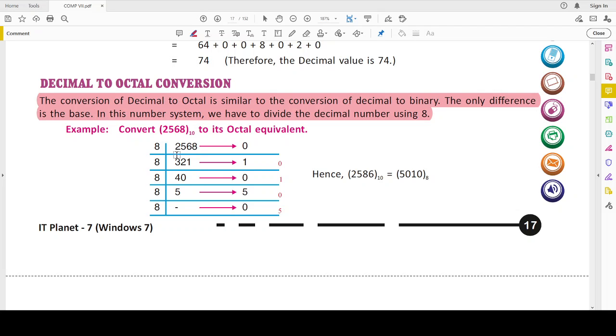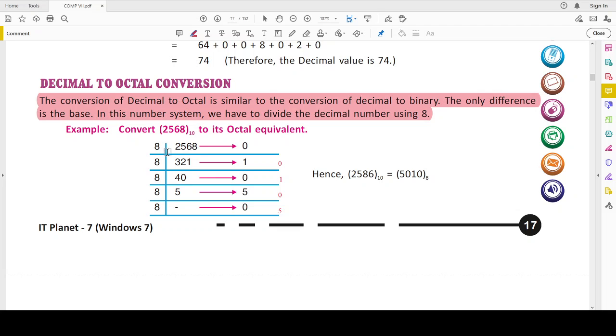Okay, so what you have to do? You have to divide the number in decimal with 8. Divide by 8 like you have divided by 2 while getting a binary from a decimal number. So now you want to get octal from decimal. So divide the decimal by 8.